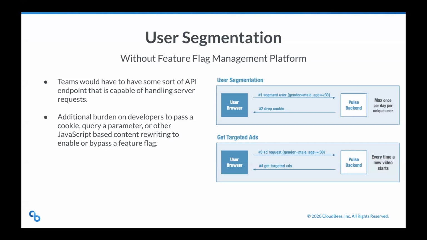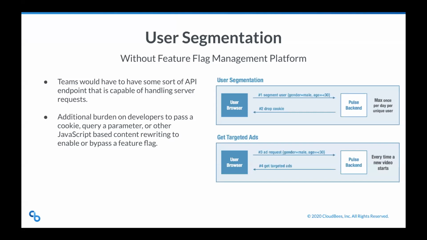So if you're tackling it from this side and you have to do some intensive JavaScripting, it really is not only costly from an engineer's time perspective, but also hosting this API endpoint and this homemade solution together that is somewhat capable of user segmentation is really expensive, and you're putting a lot of work into building something that can only work maybe for select few languages in your tech stack.